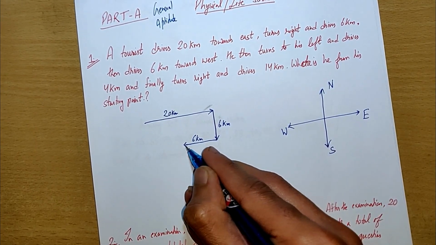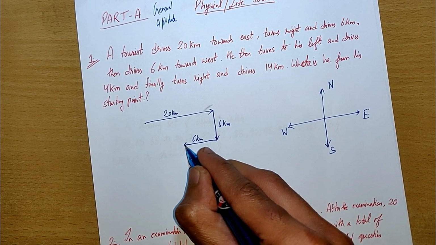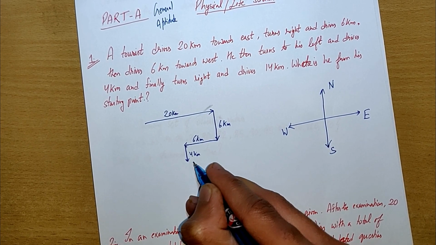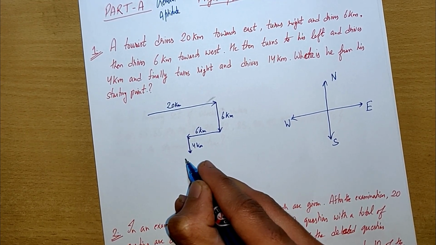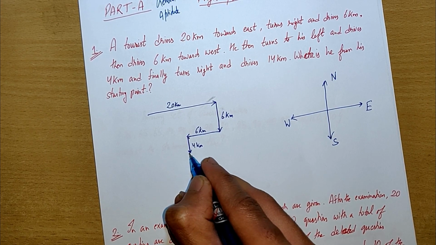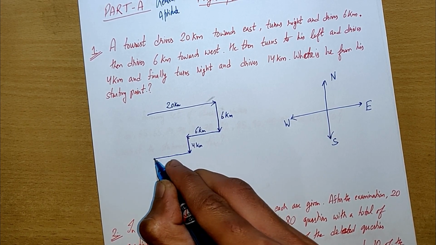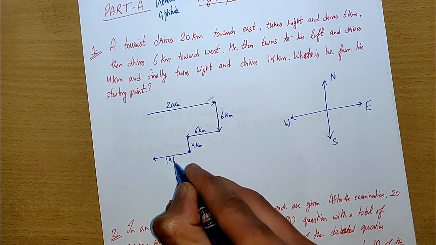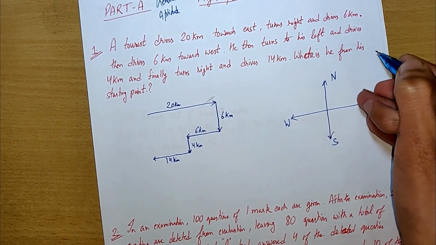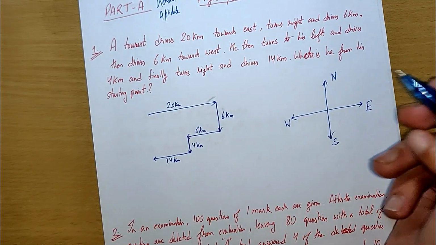Then he turns to his left. So left will be here, and he drives another 4 kilometers here. And then he turns right. So right will be this side, and he drives another 14 kilometers. So the question is, where is he from his starting point?